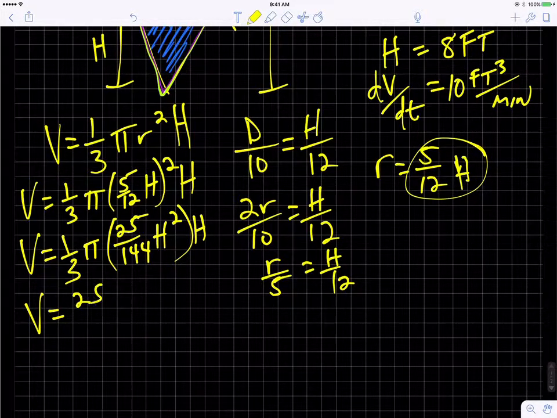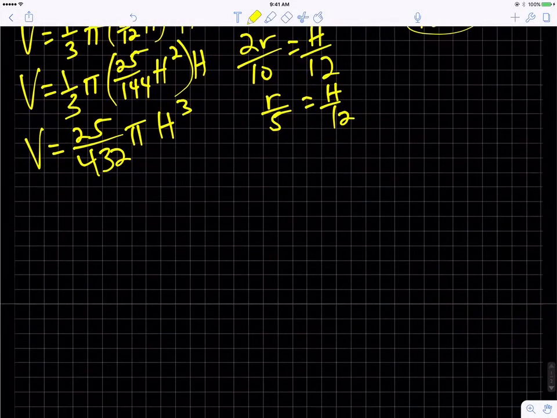So I get 25 over 144 times 3, which is 432, pi h cubed. So now I can go ahead and differentiate this thing and not have a dR/dt in it. The 3 comes down and multiplies by the fraction.